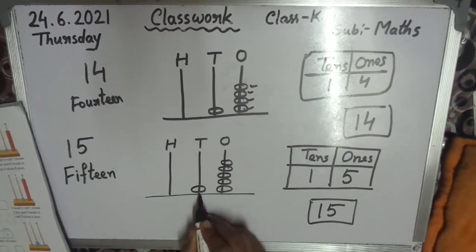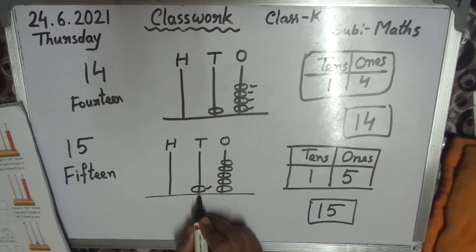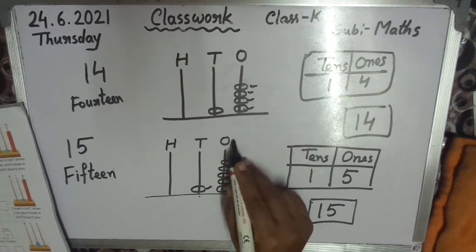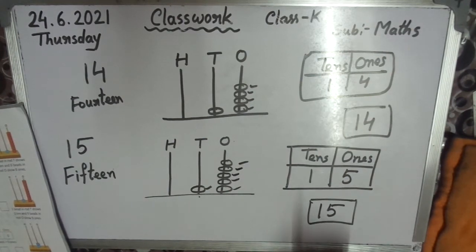Now children, see, 1 bead in rod T shows 1 ten, and 5 beads in rod O show 5 ones. 1 2 3 4 5.